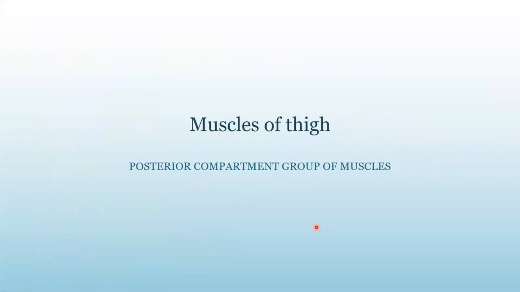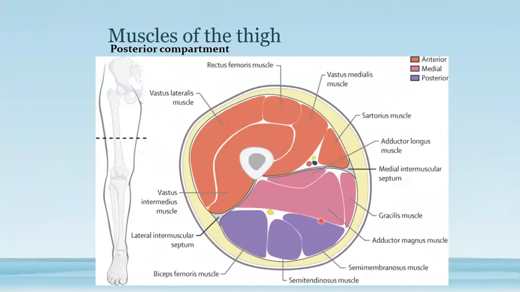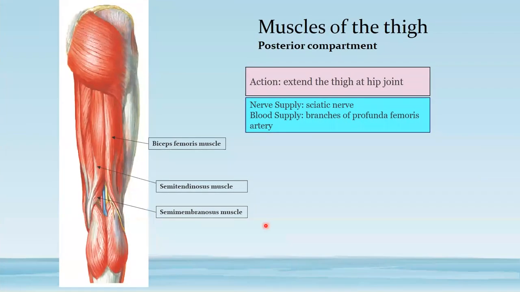Now we go to the last compartment of the thigh, which is the posterior compartment. It is made of only three muscles: the biceps femoris, the semitendinosus, and the semimembranosus.